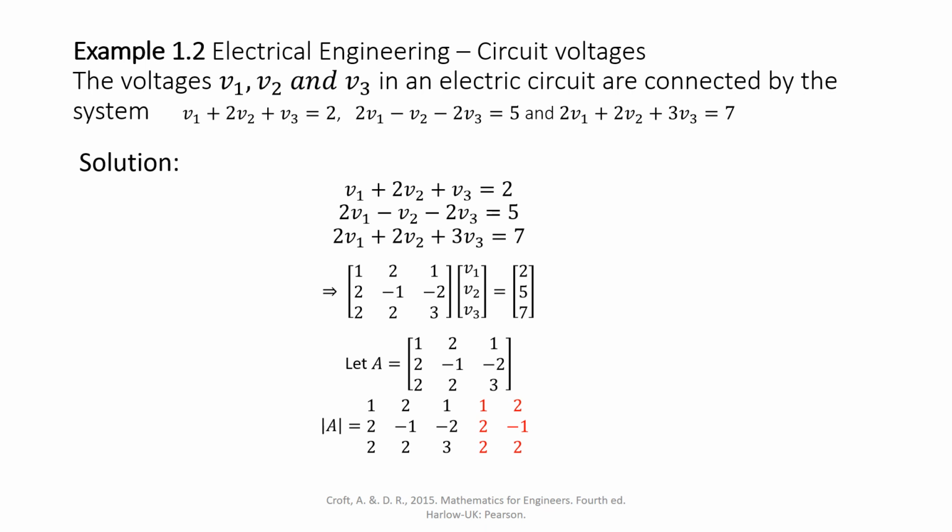Now what we do, we multiply this with this, and similarly 2 and 2, minus 2 and 2, and 1 2 2. Then we will do multiplication for these 3, then for these 3, and then for these 3.